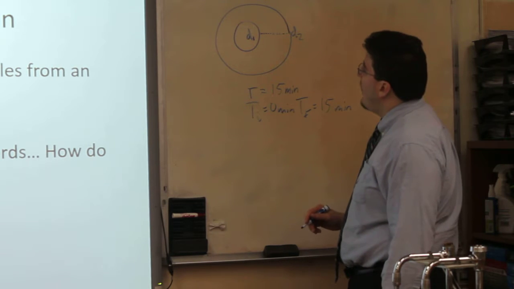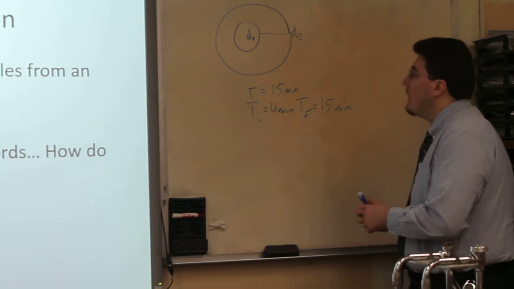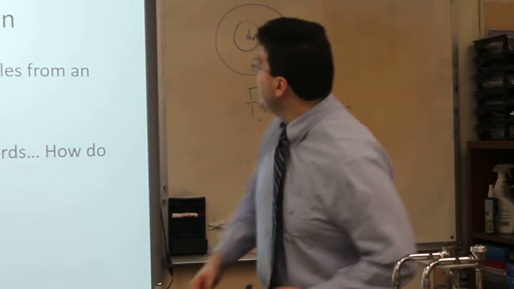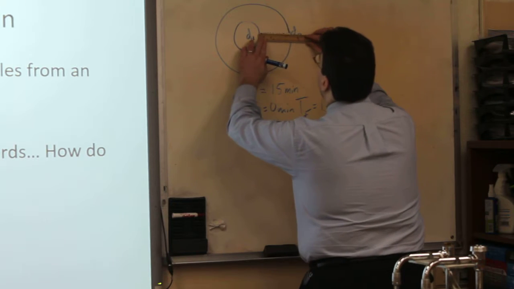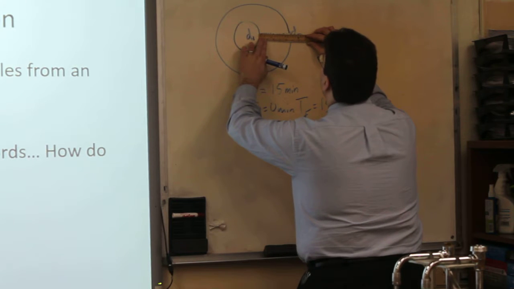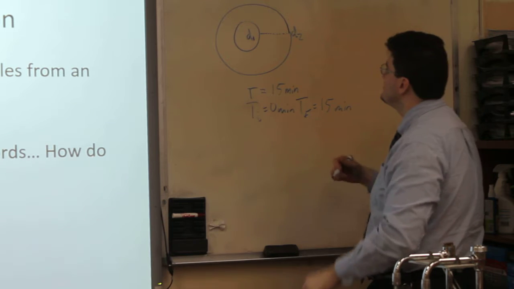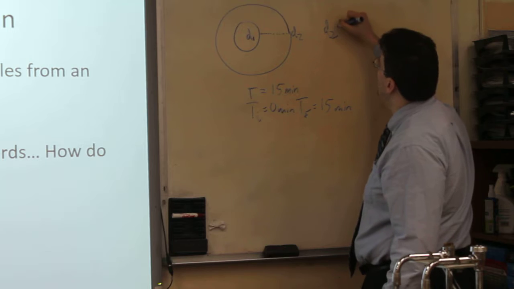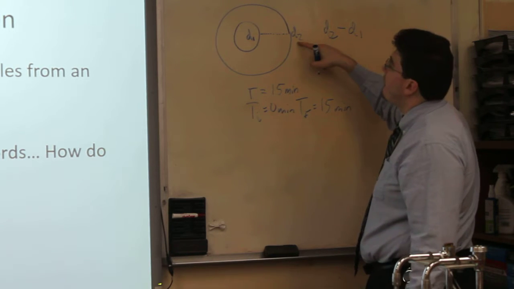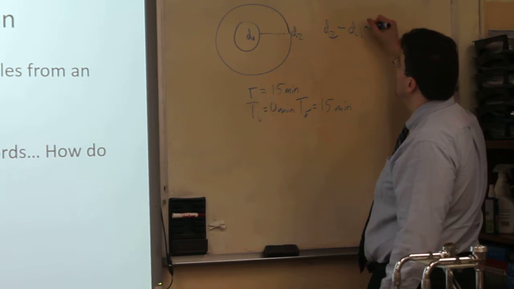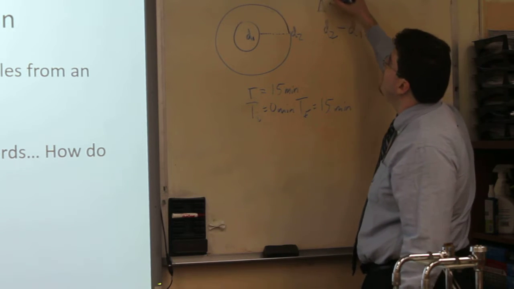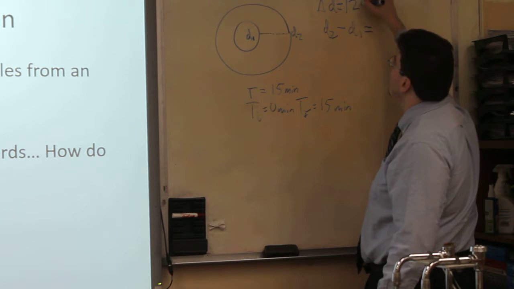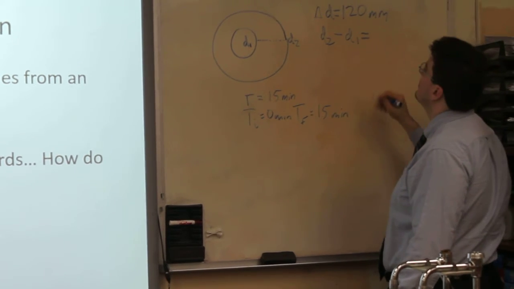If your D1 versus your D2, let's say that is, oh look, it's 120 again. D2 minus D1, your final minus your initial, is the change. Your delta D, your change in distance, is equal to 120 millimeters.